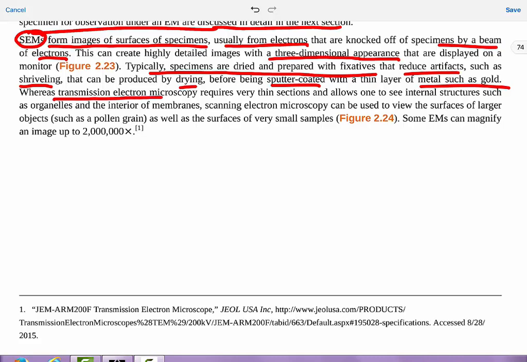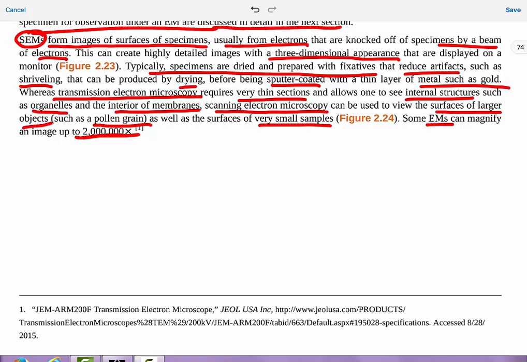Whereas transmission electron microscopy requires very thin sections and allows one to see internal structures such as organelles and the interior membranes, the scanning electron microscopy, the SEM, can be used to view the surfaces of larger objects such as pollen grain, as well as the surfaces of very small samples. Some EMs can magnify an image, wow, up to a lot there.